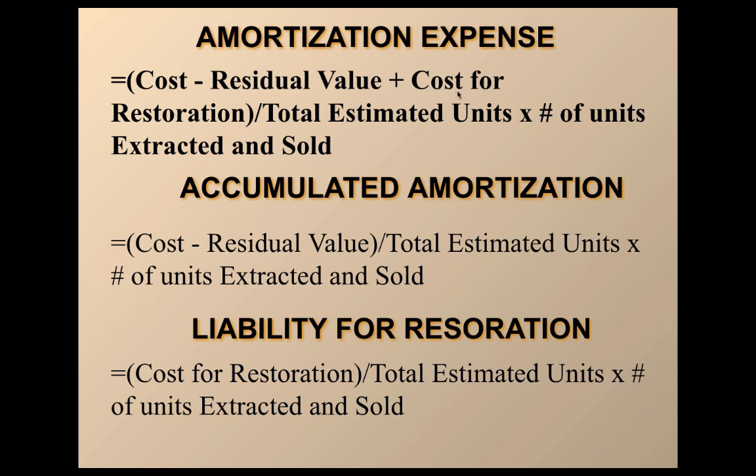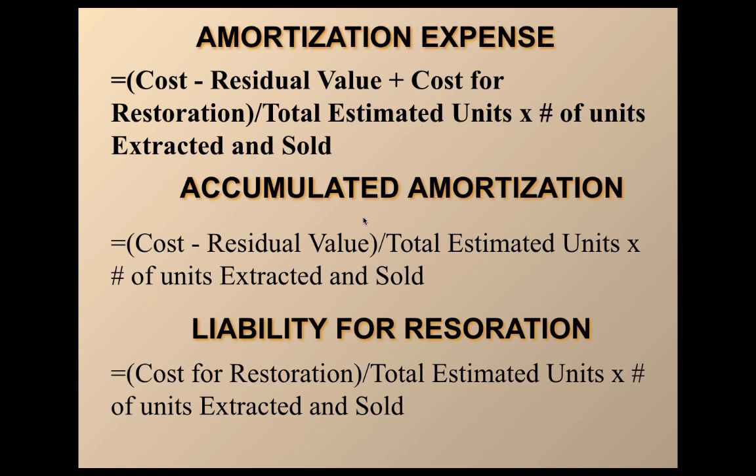And now we have to add in a cost for restoration, which is also another estimate. We have to estimate how much we're going to have to pay at the end to restore this property back to its normal state, let's say. And all of that divided by the total estimated units that are going to be fully extracted and sold from this property. So that's the formula to get our amortization expense.